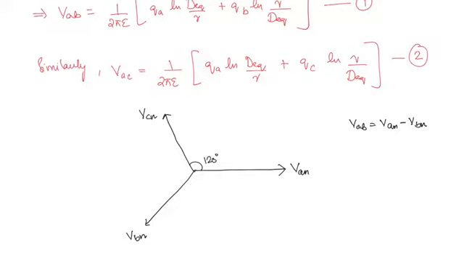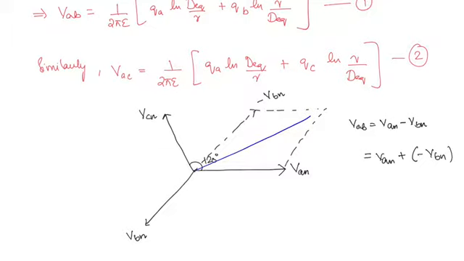Now in order to get the vector sum, we will write VAN plus of minus VBN. If this is VBN in this direction, minus VBN is going to be just the opposite direction. So these two vectors, if you add them, you are going to get VAB.